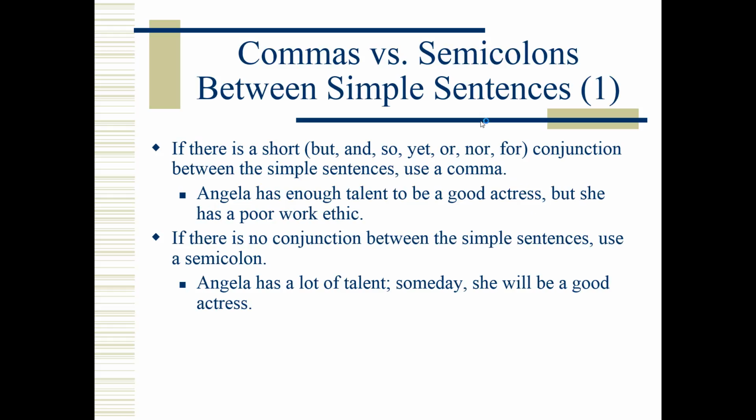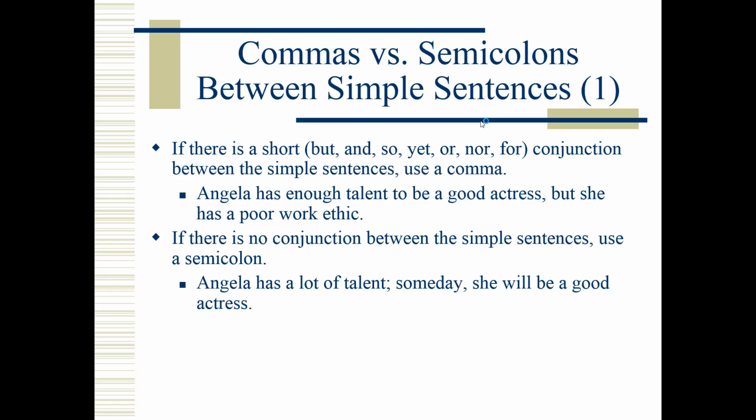So if you think about it in terms of FANBOYS, you would list them like this: for, and, nor, but, or, yet, and so, to fill out the letters in that acronym. So I'll do it again: for, and, nor, but, or, yet, and so.